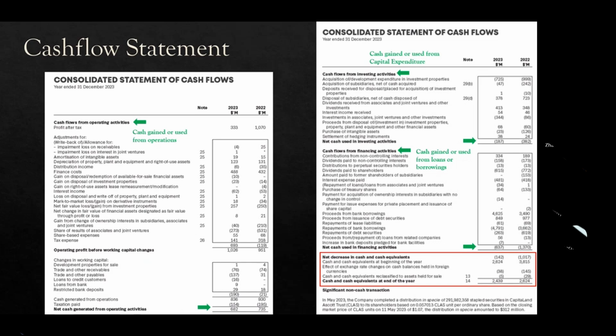Or a vault, right? Within the company. So in this case, we are looking at about 2.4 billion in their pockets that they can deploy in terms of cash. Okay, so this is basically the summary of the cash flow statement.